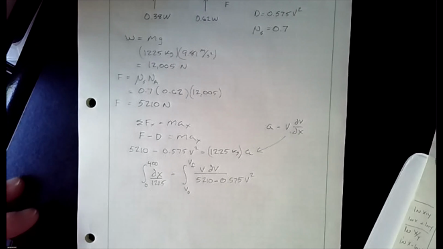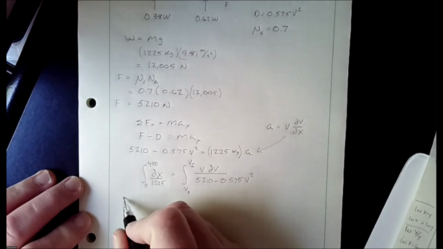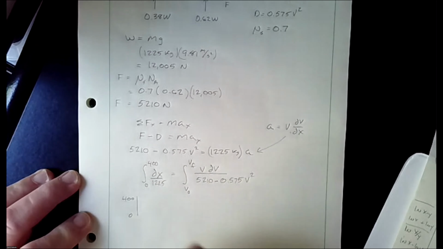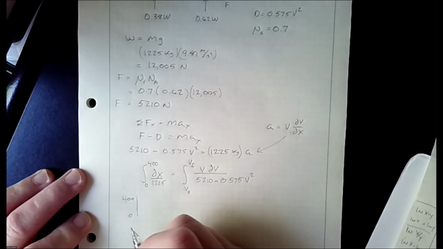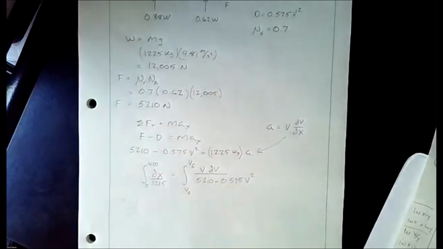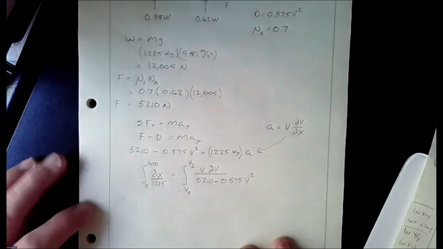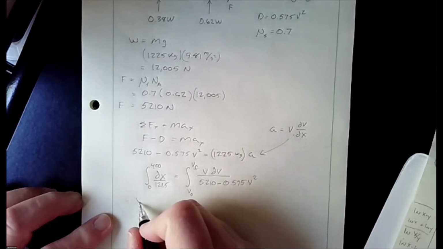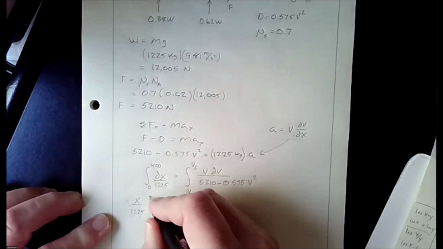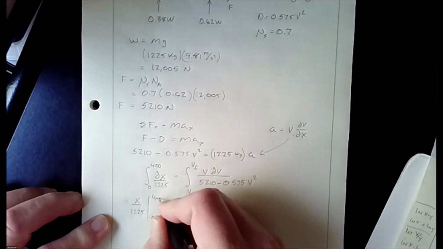So upon integration, we get, actually, oh wait, let me back up. To simplify this, what I'm going to get is x over 1225 evaluated from 0 to 400.